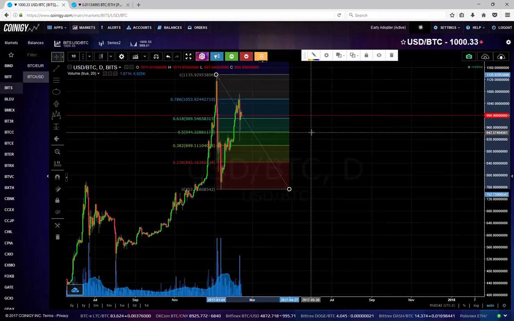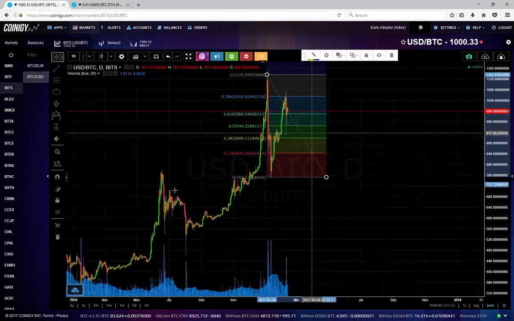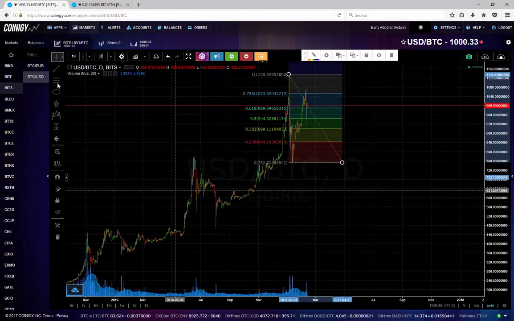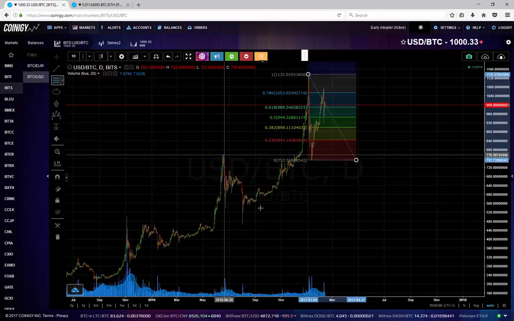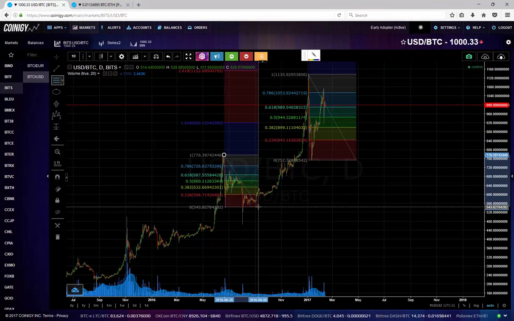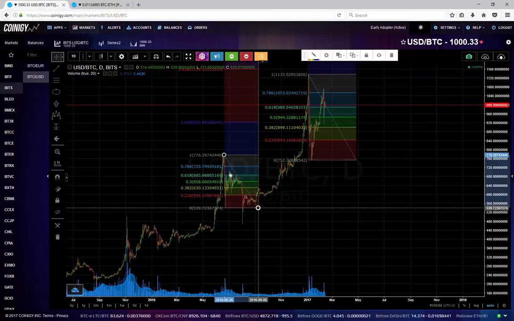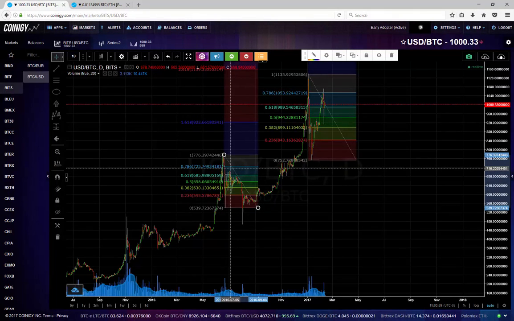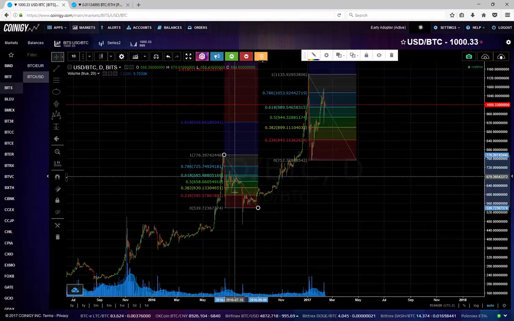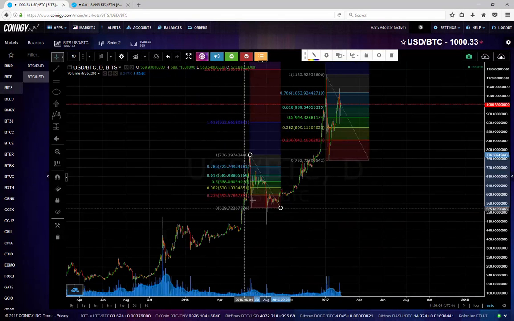So you could see another example of that right here on this dump. Hits that sweet spot area between 61 and 78% retracement right here, and then it just kind of drops, bounces, and then rolls over again.